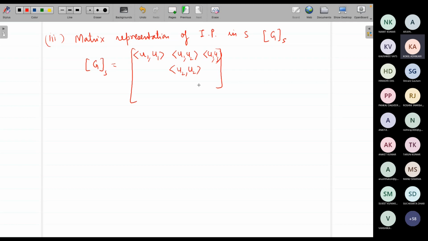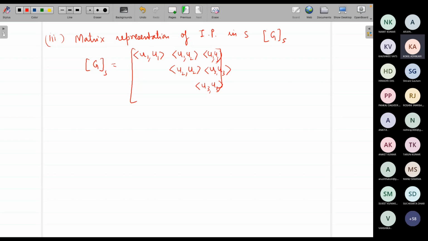Because what kind of matrix is this? It is Hermitian. This is not an orthonormal basis, so why would it be the identity? We also read about Hermitian positive definite, which for the real ones becomes symmetric.